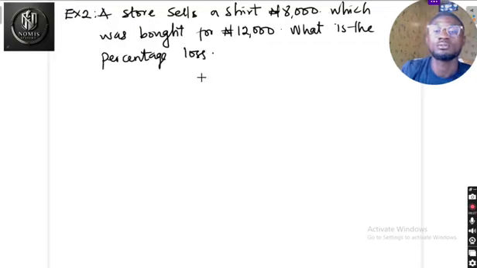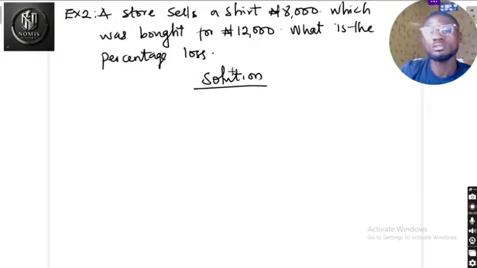So let's get down into the solution. Seeing that the cost price is greater than the selling price, the cost price is 12,000, but it was sold for 8,000 naira. That means the cost price was greater than the selling price, and if that is the case, loss is incurred.